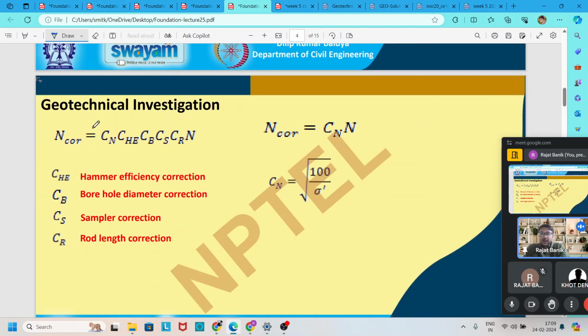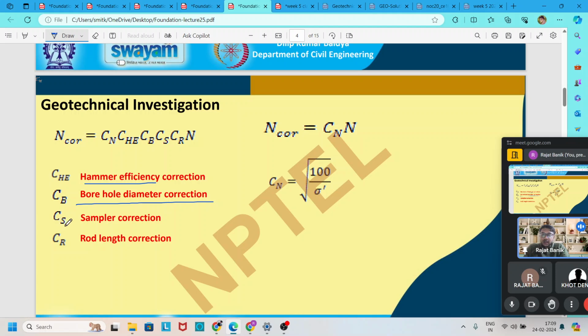Then we need to correct our SPT number, and the correction is for hammer efficiency, because the total load on the sampler may not be transferred due to some inclination of the hammer or some reduction or radiation of the energy. Then we need to correct for borehole diameter.